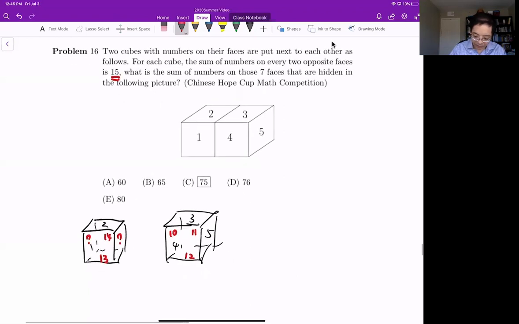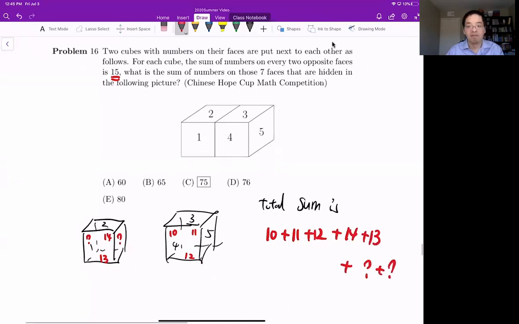Then the total sum is the 7 hidden faces, so let's add them up: 10 plus 11 plus 12 plus 14 plus 13, plus these 2 numbers represented by question marks.